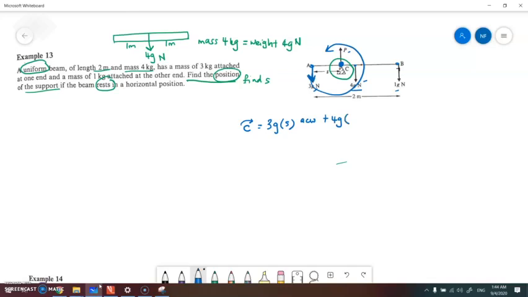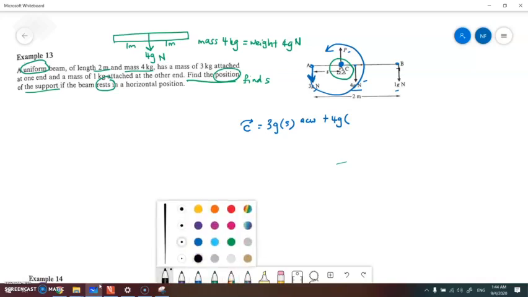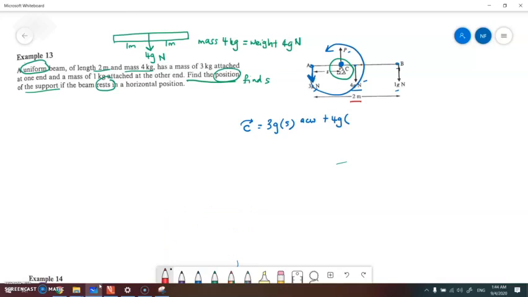And then the second force is 4G. The distance is, as we mentioned earlier, let's say it is 2 meter. So from here to here, it is 1 meter, and then another one is 1 meter. So if this is S, then here would be 1 minus S. So the distance is 1 minus S. And then it will move clockwise.